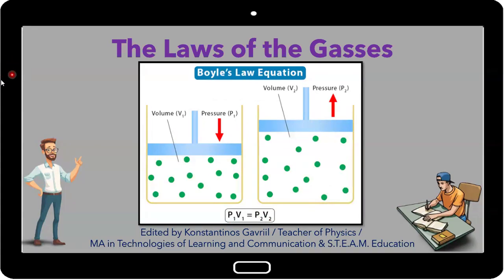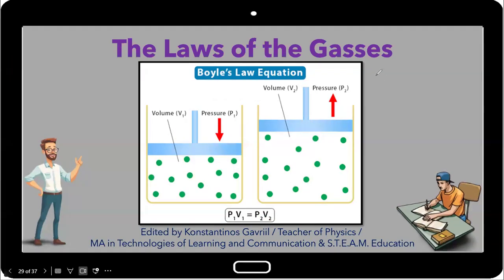Let's get started from a general formula, which can be this one. Suppose we have P1 V1 above T1 equals P2 V2 above T2. This is the general law.